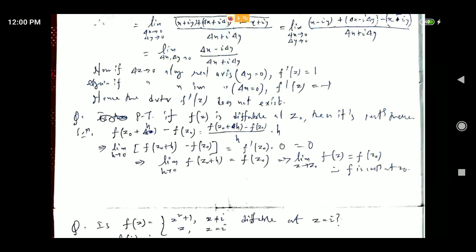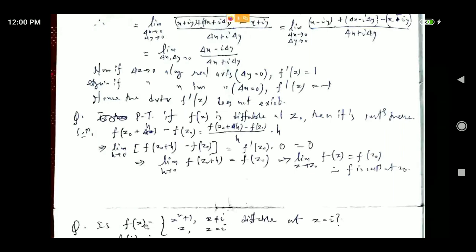Because if flood is there, crops are going to get destroyed. It is inevitable. Similar thing, if a function is differentiable, it must be continuous. So if it is not continuous, like you have known that at some place the crops were not destroyed, you can immediately conclude that obviously there was no flood. Similarly, if the function is not continuous, then you can conclude that the function is not differentiable.